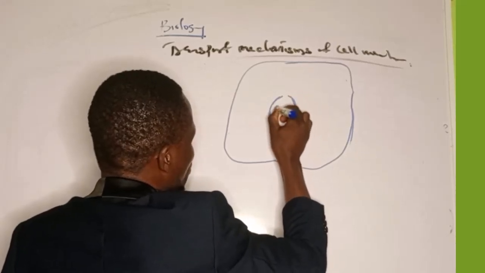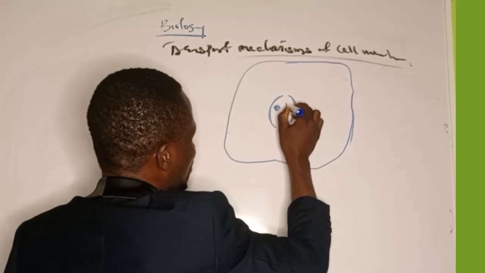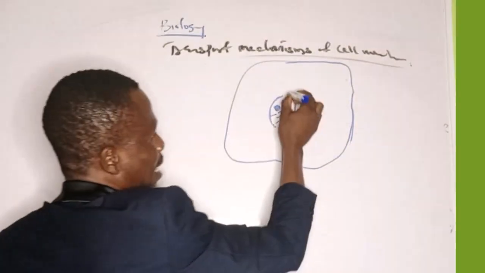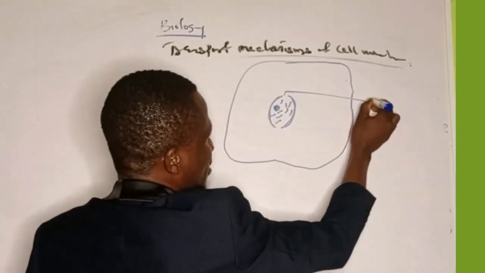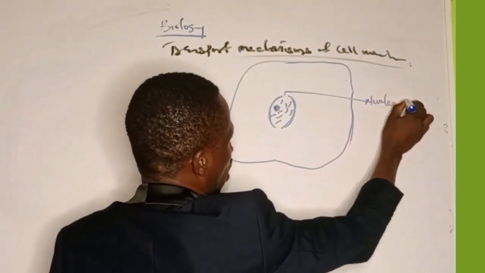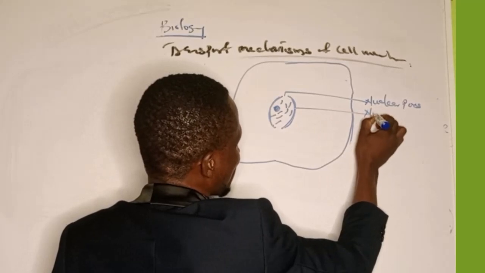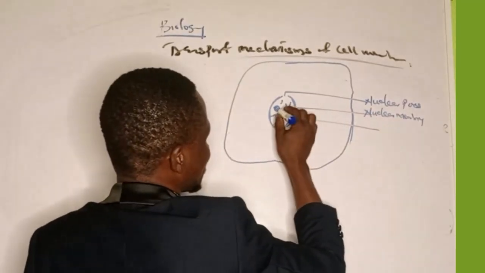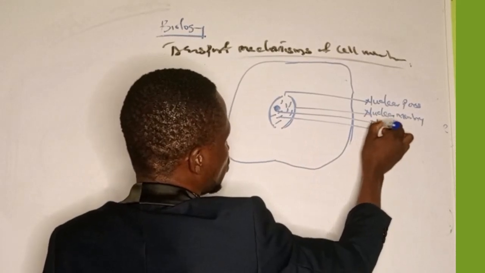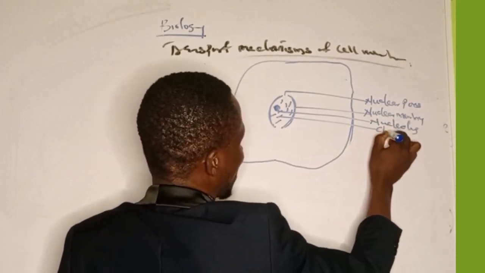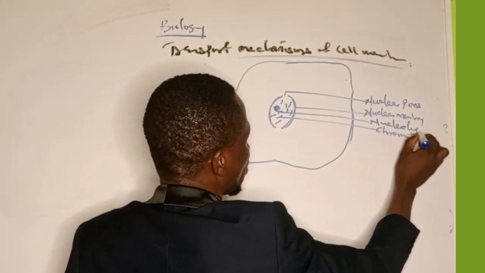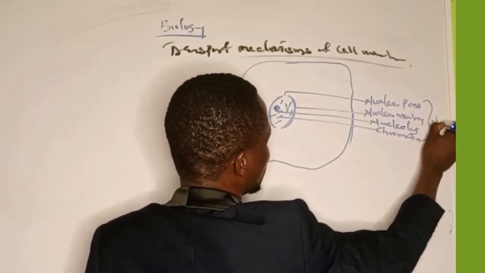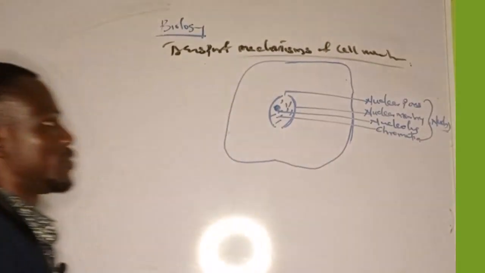And we have the nucleolus and we have the chromatins, right? You can label here the nuclear pores, the nuclear membrane, the chromatins, the nucleolus. All of them is collectively called the nucleus of the cell.